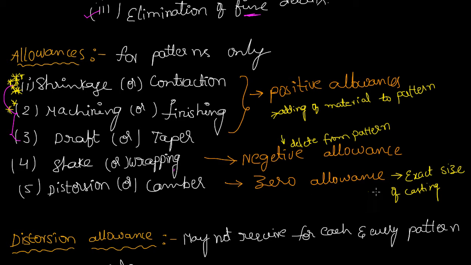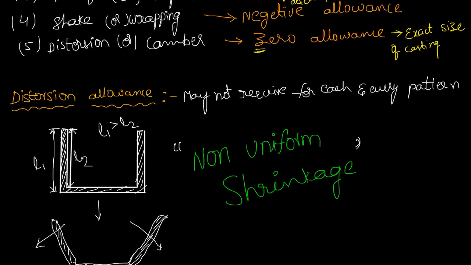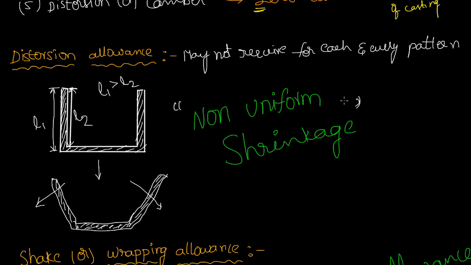If the pattern is made exact size with the casting, then it is called zero allowance. Okay, please remember this. Then I will start from the last. First, distortion allowance. Distortion allowance is not required for each and every casting. It depends on the L/T ratio.